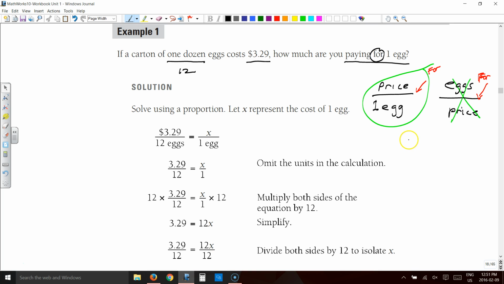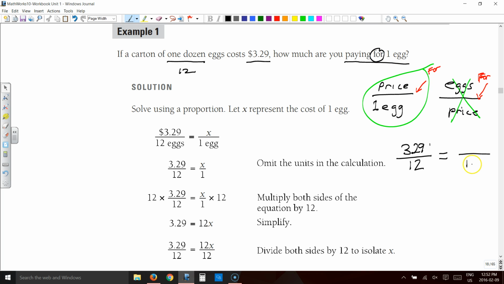So I have, it costs me, since we're doing price over top of egg, we're going to put the price on top, $3.29. And 1 dozen is the same as 12. And let's put price on top and eggs on the bottom again. So we're looking for how much is it for 1 egg.